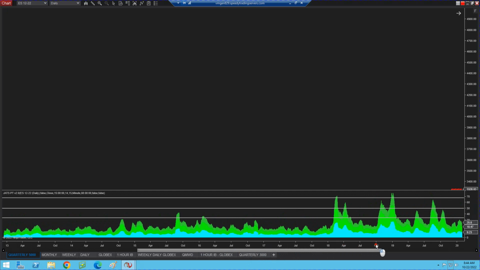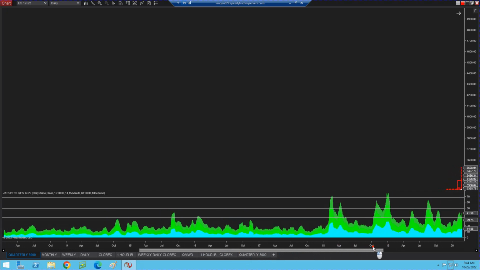So you can use these levels in your algo with the PT2 indicator using Bloodhound and Blackbird. You could design a strategy that only went long vol between 50 and 70, if you wanted to do that, or only short vol between 70 and 50 after it has been above 70.